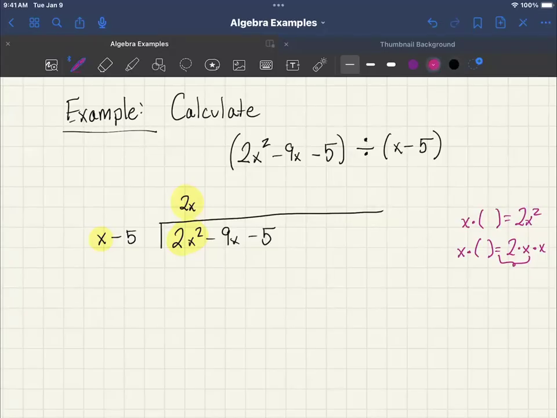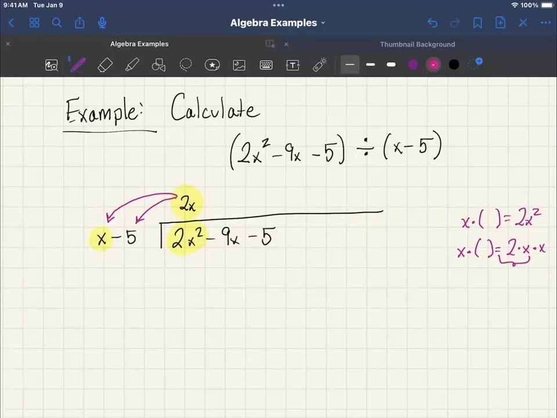So now we're going to do our multiplication. Remember when we were down in the long division that we're used to, we take the number in our quotient, we times it by our divisor, and we get the number that we put underneath that we subtract. In this case, our 2x, we're going to multiply it by x, but we're also going to multiply it by that -5.